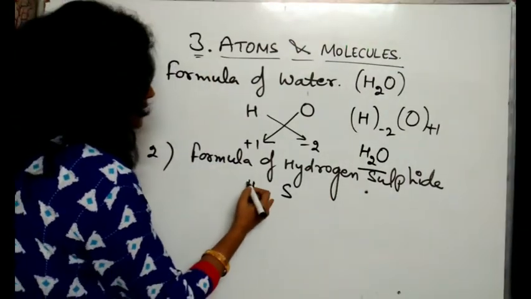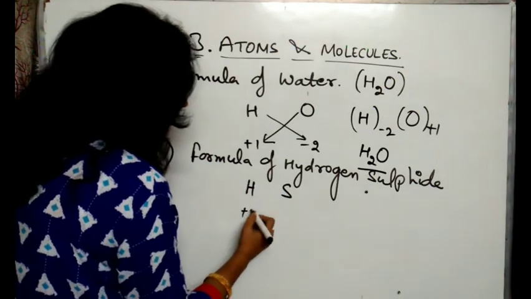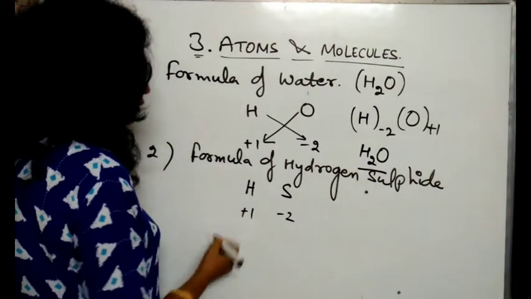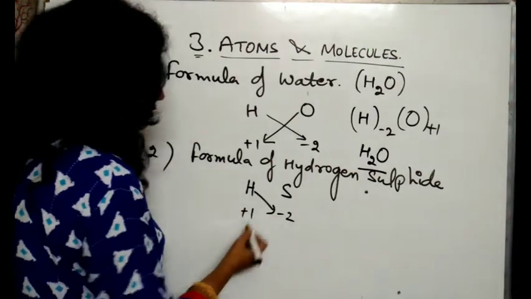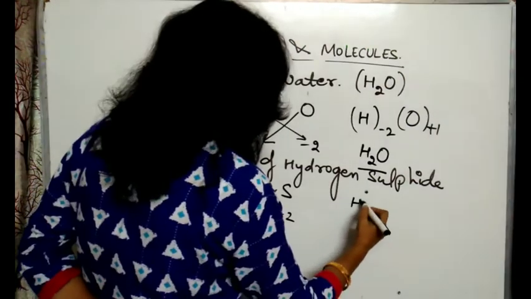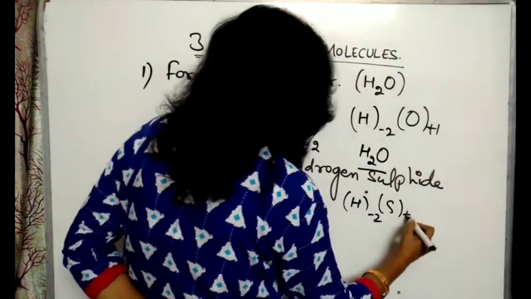Now H is positive and S is negative. Write the valency here: -2 for sulfur and +1 for hydrogen. Now cross the valency and write it over there like that.